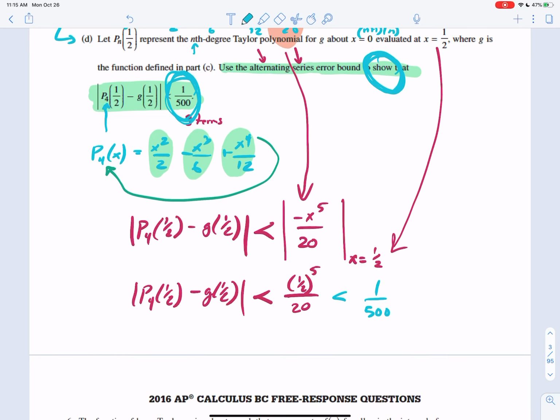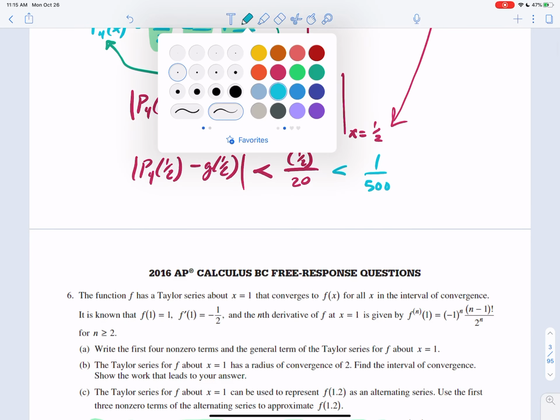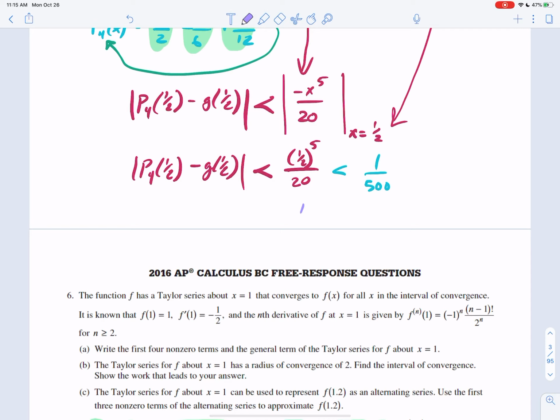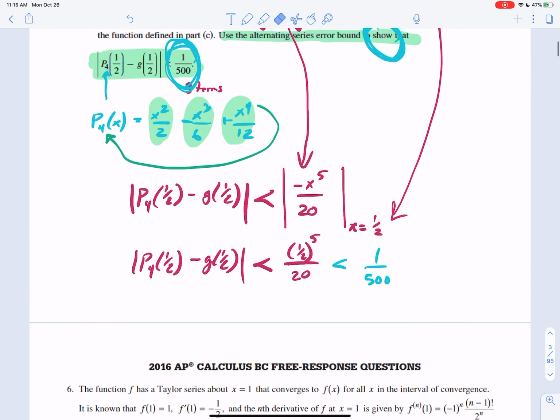Okay, but let me just show you guys the work that you don't need to do. This right here is the same thing as 1 over 2 to the 5th times 20, okay? Which is the same thing as 1 over 32, is that 32? 2, 4, 8, 16, 32, yeah, times 20, which is the same thing as 1 over 640, which is definitely less than this, but we don't need to do that. You do have to state that it is less than 1 over 500 though, okay?